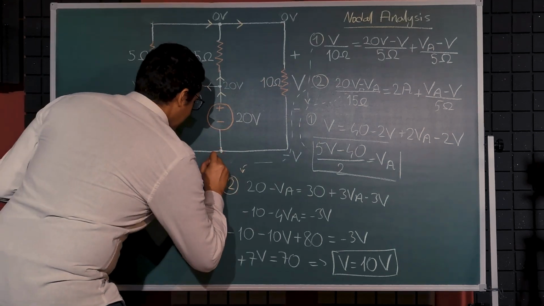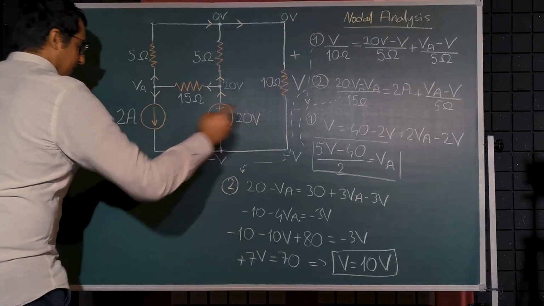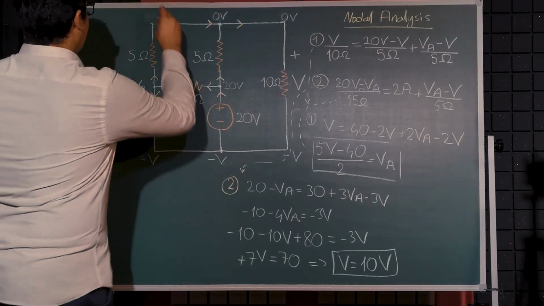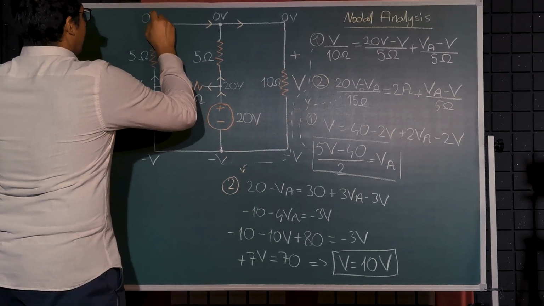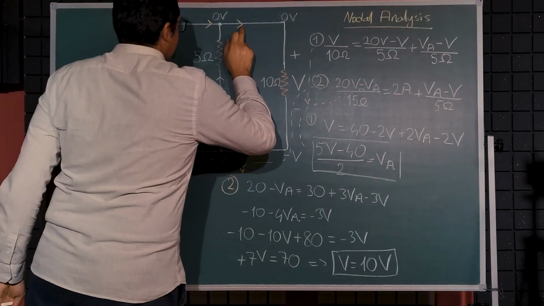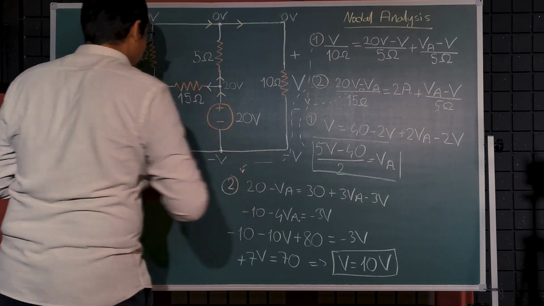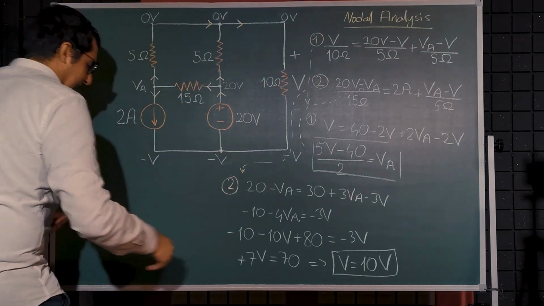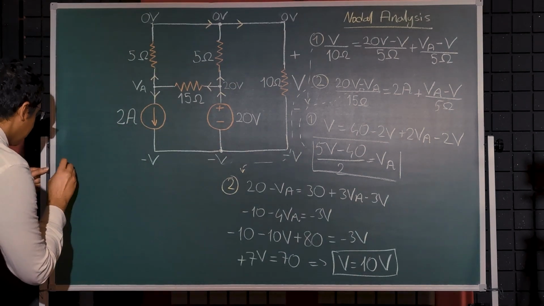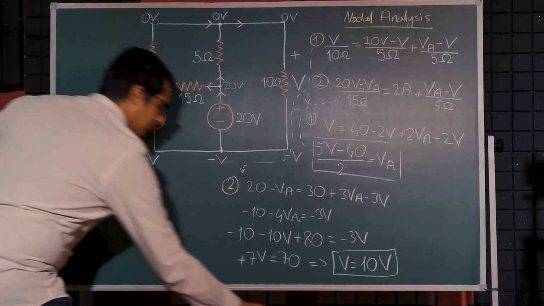So therefore, my bottom line will be entirely minus V, and my uppermost node will be entirely 0 volts. But I will let all the currents be in the same directions and try to write the first equation of my node voltage.